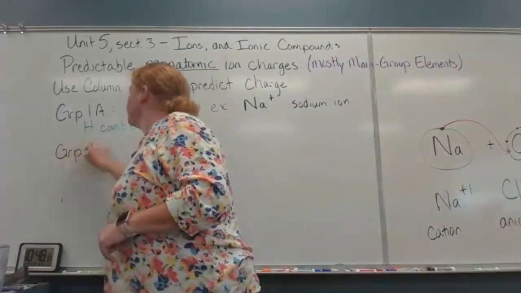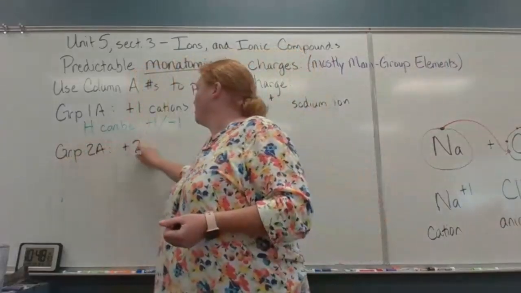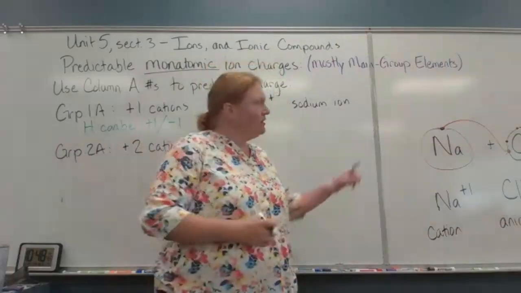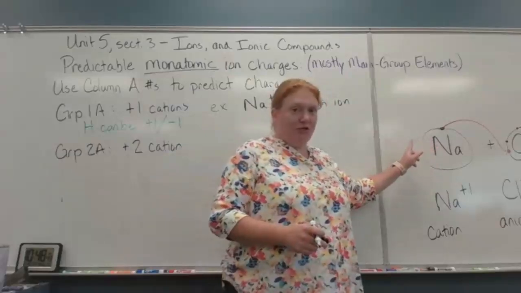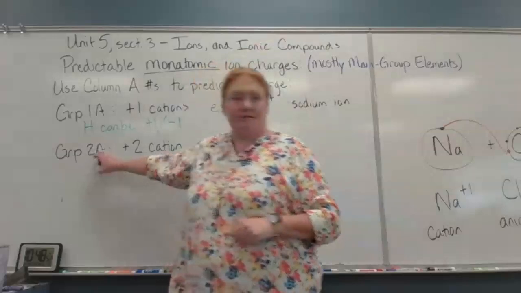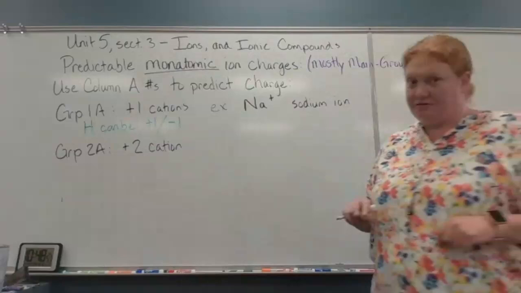Moving along. Group 2A, alkaline earth metals, are going to form +2 cations. Let's just think, what does that mean? As the metal, it is willing to give away some number of electrons. These elements in group 2A will give away, transfer, 2 electrons.